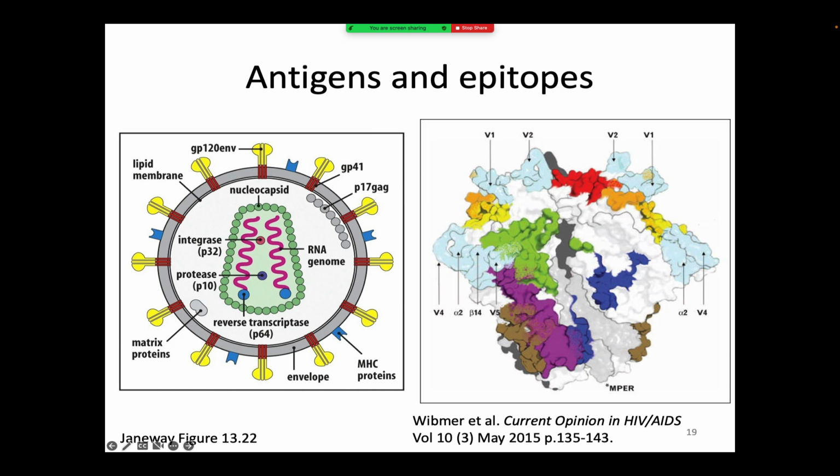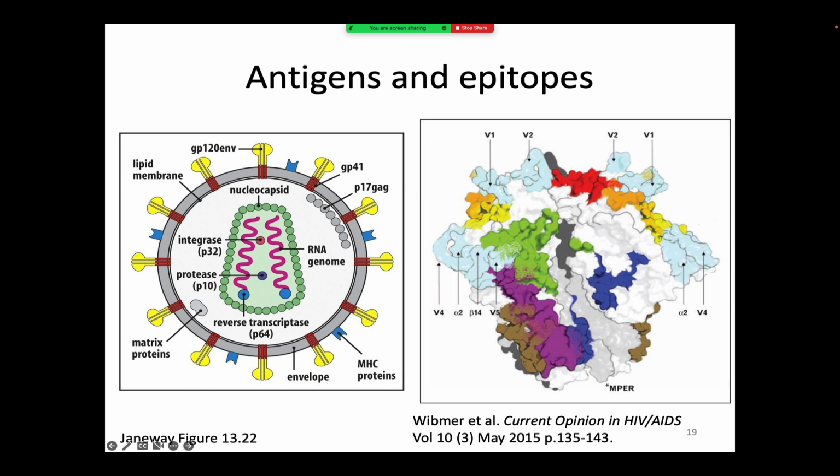So on the left, you see a cartoon version of HIV. I show HIV, 1, because it's one that I spent a whole lot of time thinking about, and 2, because it's a relatively small microbe, has a relatively small number of proteins. You can see its proteins here all labeled. All of those proteins could be different antigens.